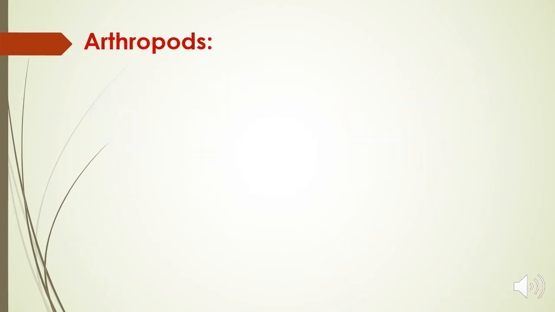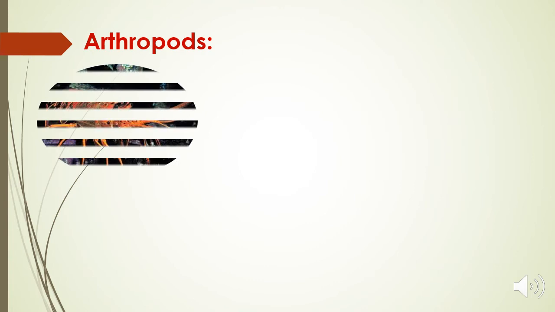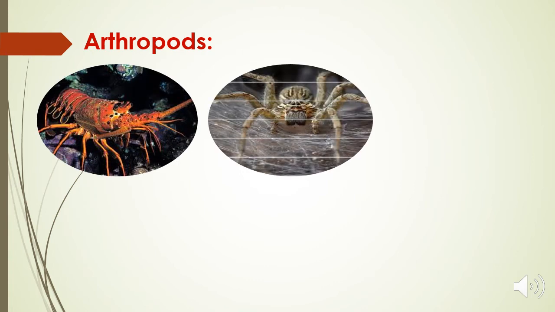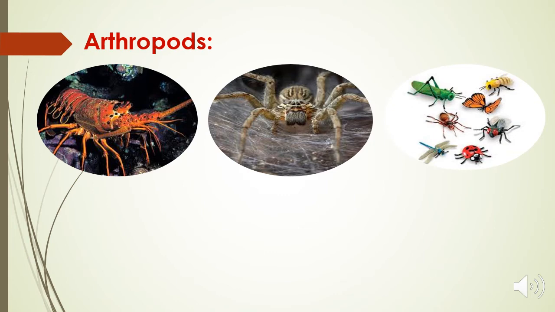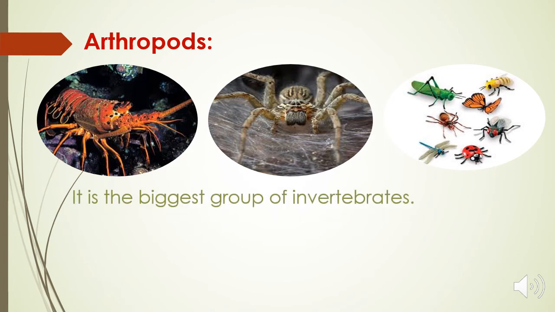Now the other group is the arthropods. Arthropods. Actually, this is a Greek word. Like lobsters, spiders, and insects. This group is the biggest group of invertebrates.